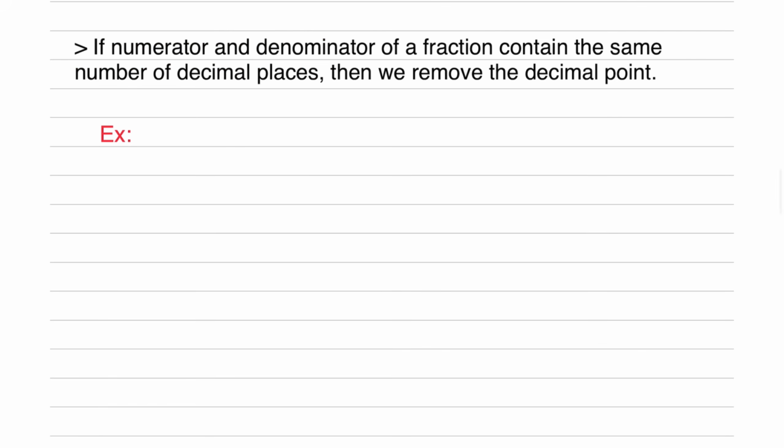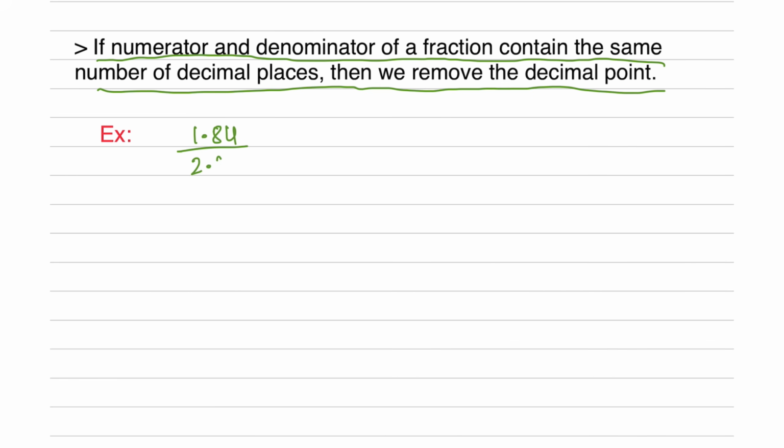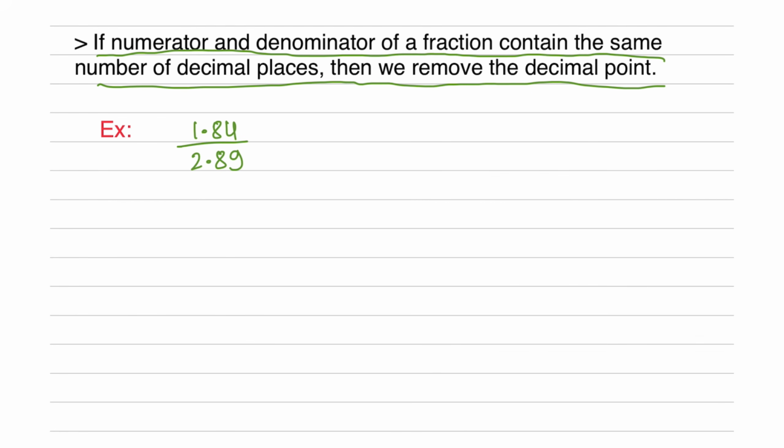See the second point. If the numerator and denominator of a fraction contain the same number of decimal places, then we remove the decimal point. Means if it is 1.84 divided by 2.89, both the decimal points are after 2 digits. So we can write it as 184 by 289 by cancelling the decimal points. See why we can write it like this.